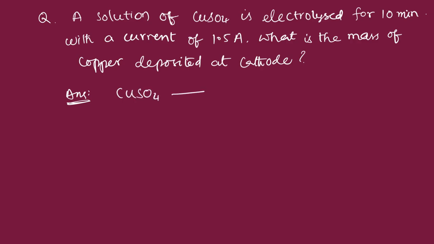CuSO4 ionizes into Cu2+ and SO4 2-, and Cu2+ will be deposited at the cathode after undergoing reduction. So Cu2+ ion undergoes reduction, SO4 2- ion undergoes oxidation. Therefore Cu2+ plus 2 electrons convert into Cu.